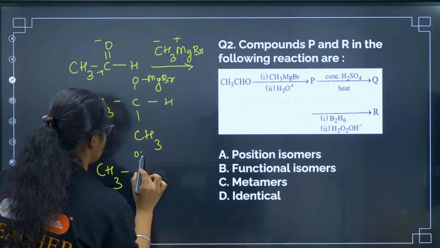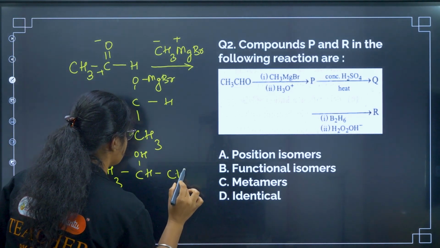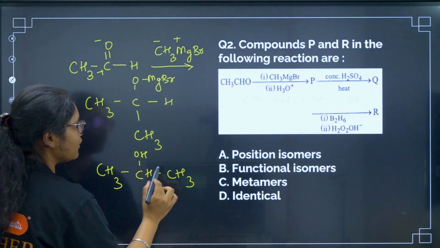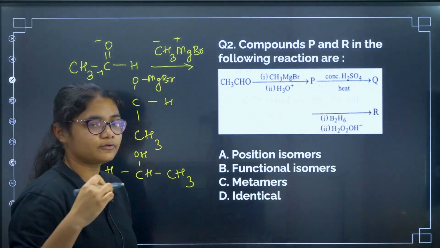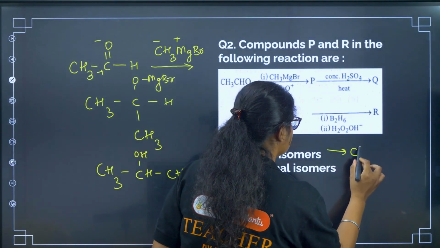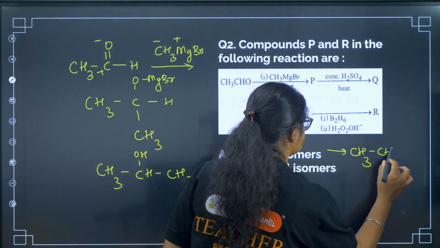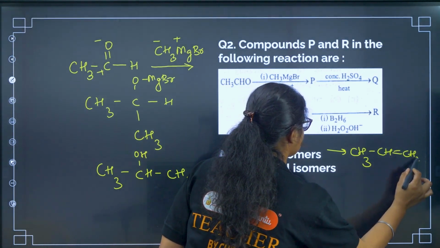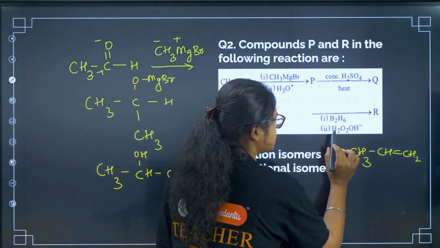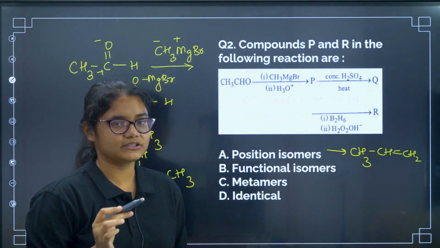So I'll get this alcohol, propan-2-ol, then concentrated H2SO4 with heat. This will do dehydration and I will get the product CH3CH=CH2, right? Now again you are adding B2H6, H2O2 in presence of OH minus.